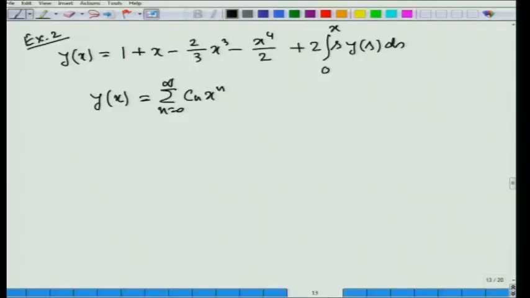That is some sort of suggestion where we can apply this series solution method.